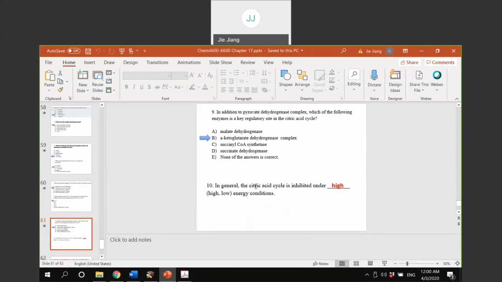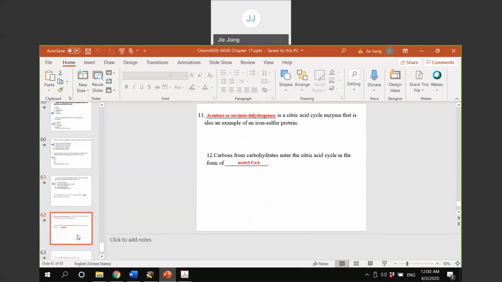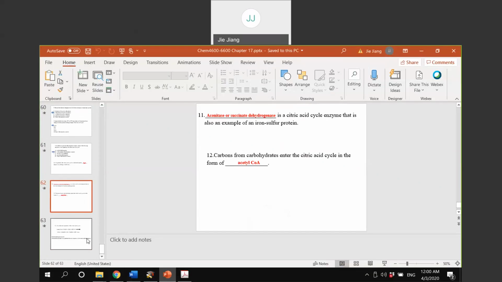So here the citric acid cycle is inhibited under high energy conditions. It means if you have high energy, you don't need to create more, right? So it will be inhibited. Same thing for glycolysis, actually. If you get high energy, it gets inhibited. That's why, remember, within the regulation of glycolysis, ATP usually is an inhibitor. That's pretty straightforward.